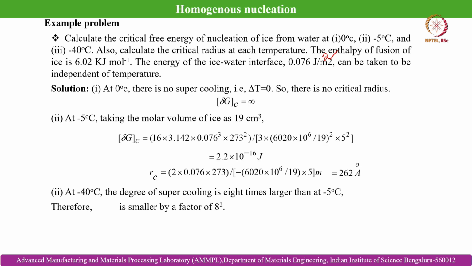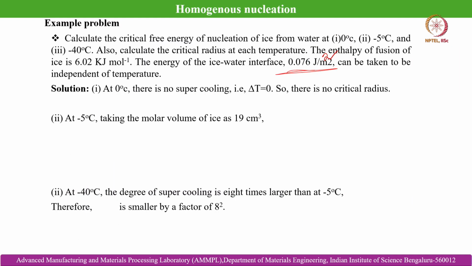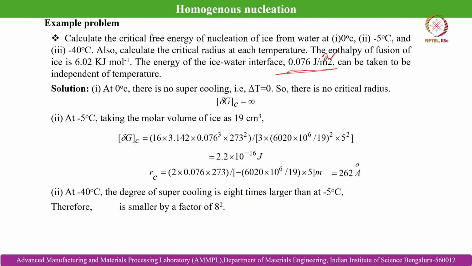Delta G is basically the enthalpy of fusion, 6.02 kilojoule per mole, so we have to convert it to joule per mole, that is why we multiply by 1000.